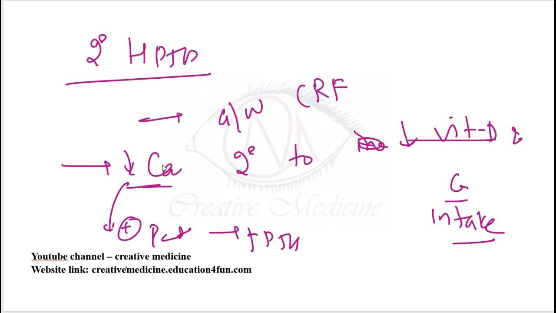Here the signs of hypocalcemia will be there, like perioral tingling and numbness, the Chvostek sign will be positive, and tetany will be seen in some patients.